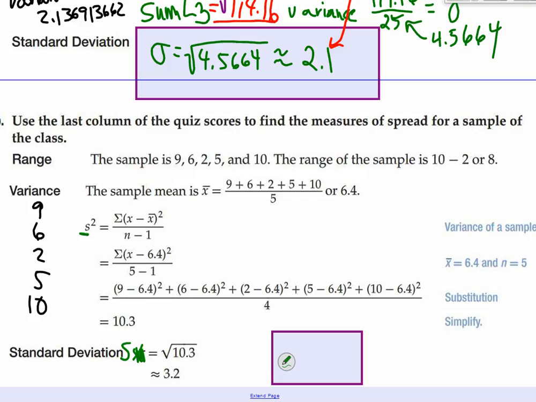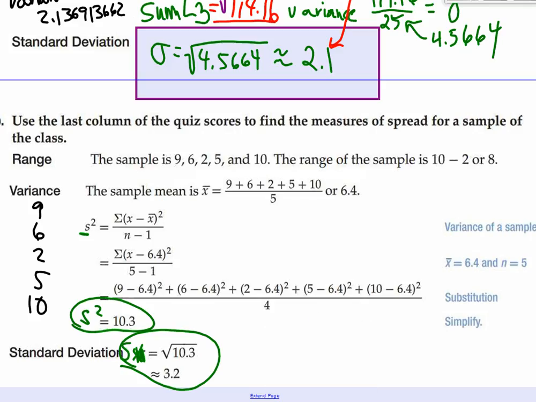So that is the sample standard deviation, and if you take that and square it, you should get the variance, which is the sample standard deviation squared. You decide at this point in your life what's going to work best for you.